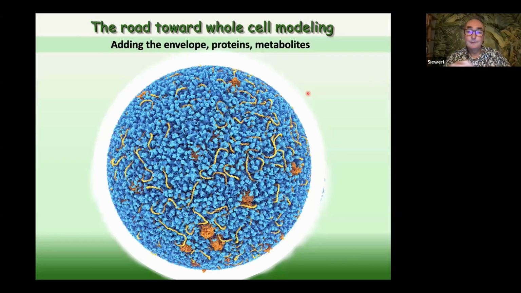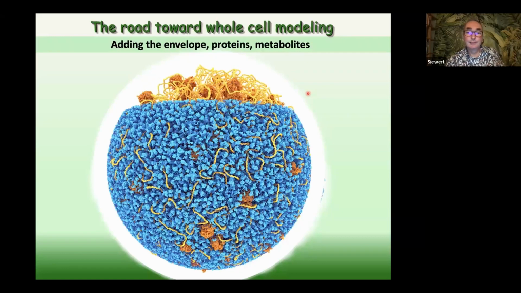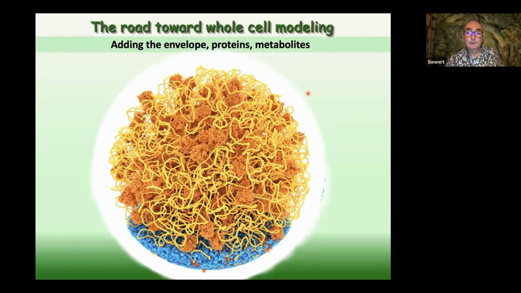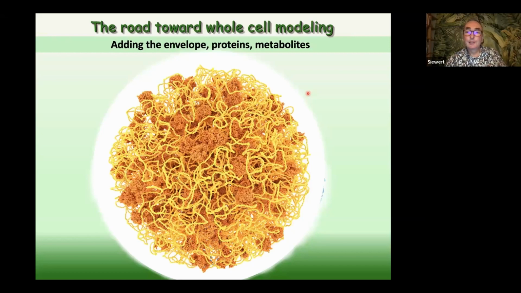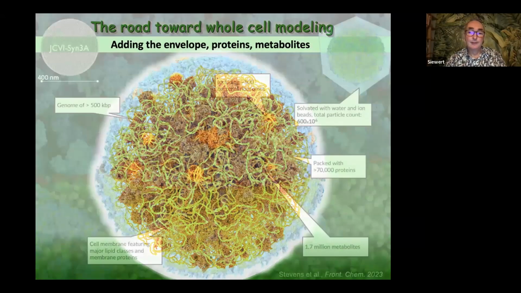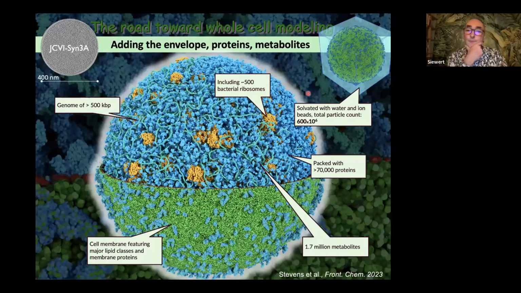So this is the first cell, I think, that you will see at such a high level of resolution. But now, of course, the challenge is simulating this large system, which turned out not to be so easy.